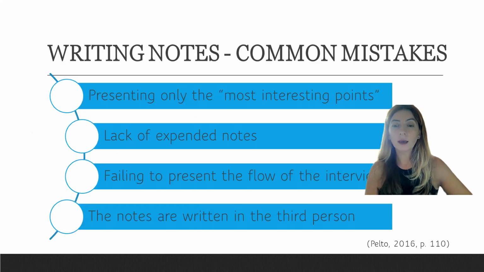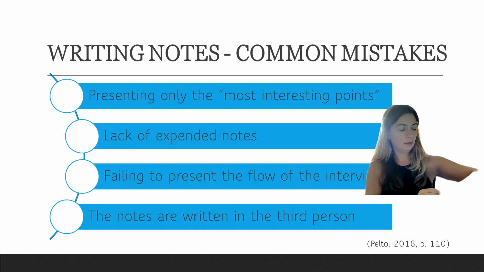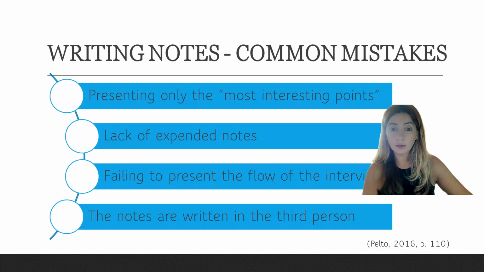So I really like this idea of identifying a couple of common mistakes when we write notes as researchers. So one of the things Palto says is that the interviewer may only mention the most interesting points, failing to give the details of the interview, such as the aim and the intent of the interview, discuss the consent and possible implications.